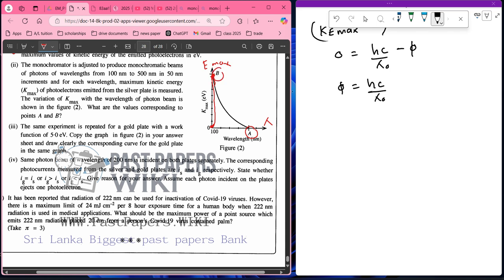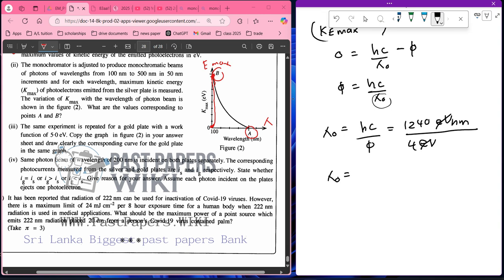We defined the Emax already, and now what we need is to find this lambda naught. To make lambda naught the subject, we have hc divided by psi. The hc product was given in the question itself as 1240 eV nm, divided by the psi value, which was also given in a previous part as 4 eV. The eV cancels off, and lambda naught is 310 nanometers. So that's all about A and B. This is A and that is B.